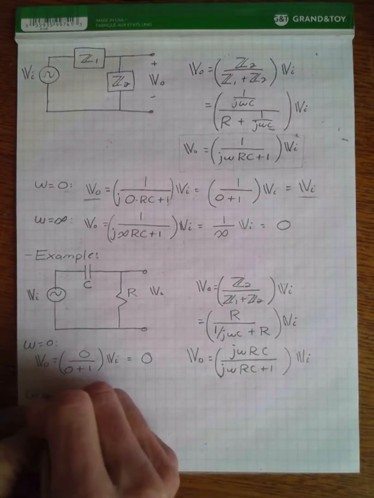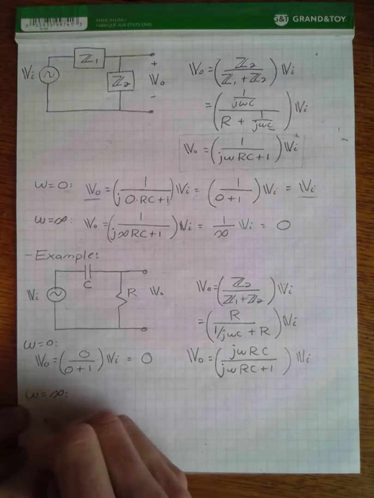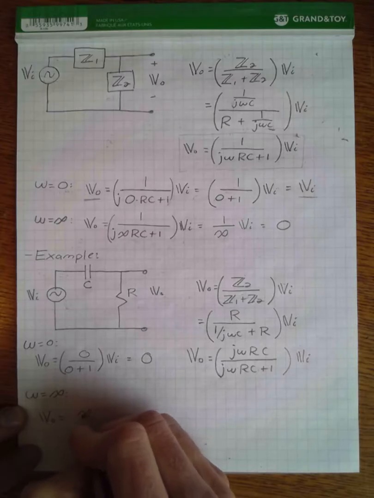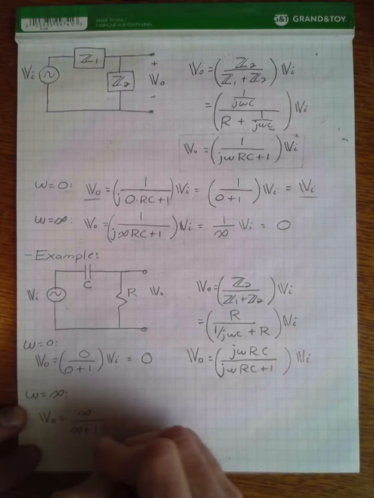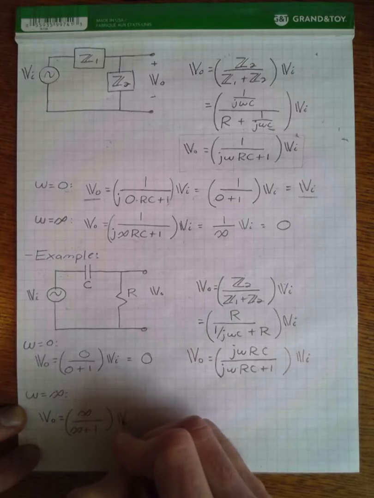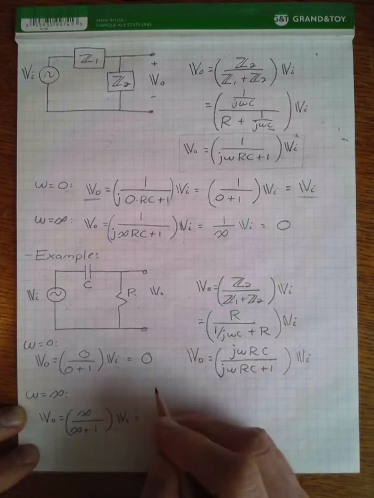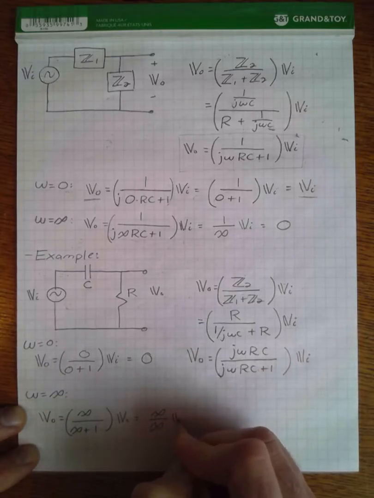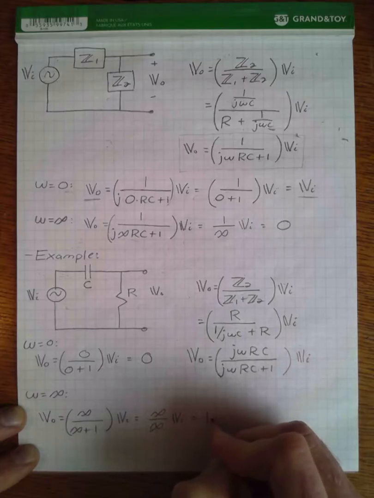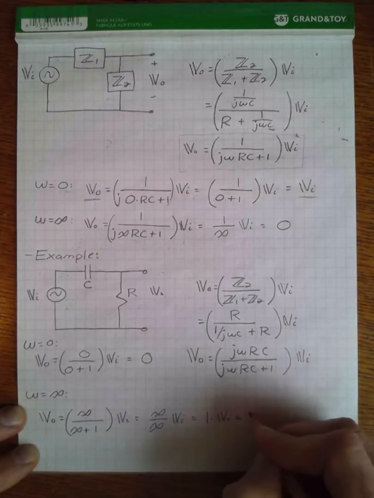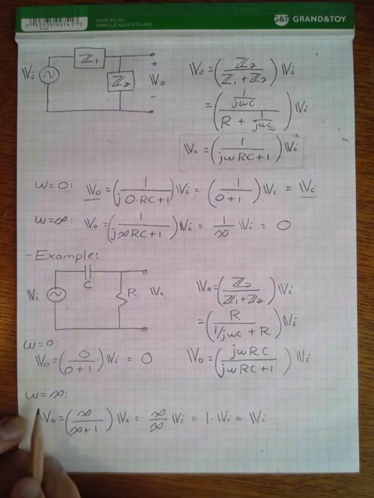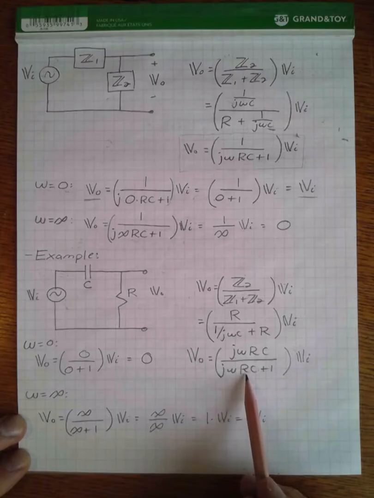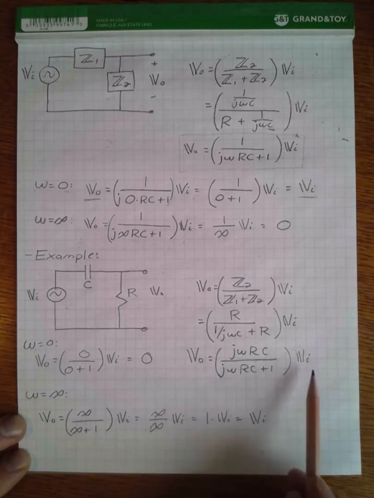And for very high frequencies, omega equal to infinity, our output voltage is equal to infinity over infinity plus 1 times our input voltage, which is approximately equal to infinity over infinity times our input voltage, which is equal to 1 times our input voltage. So in other words, for very high frequency terms, the numerator is roughly equal to the denominator, and the output is equal to the input.